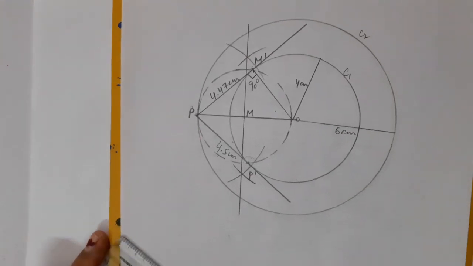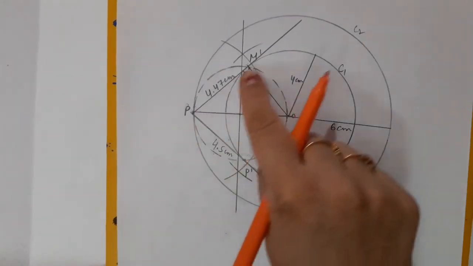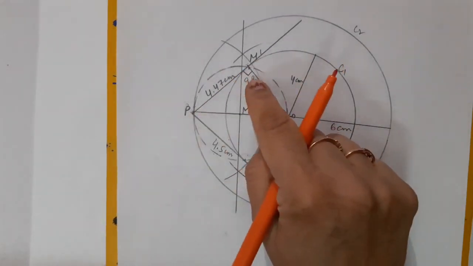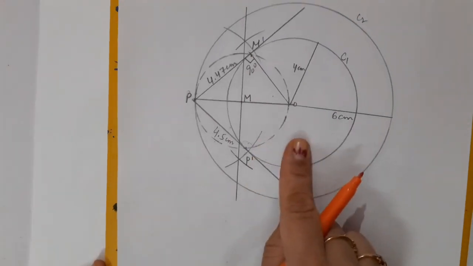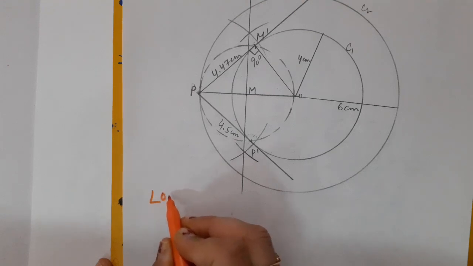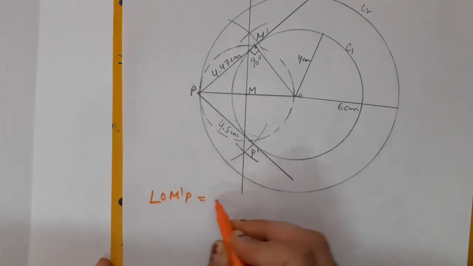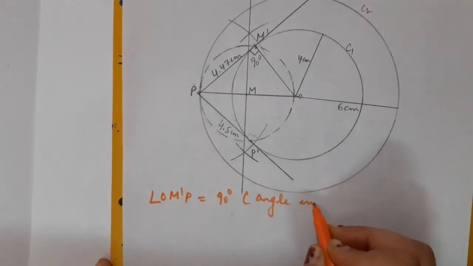Okay. Now what else is asked in the question? We have been asked that we are supposed to calculate the length PM dash by actual calculation also. So as you know, you can see that angle OM dash P is equal to 90 degree. Why? Angle in a semicircle.